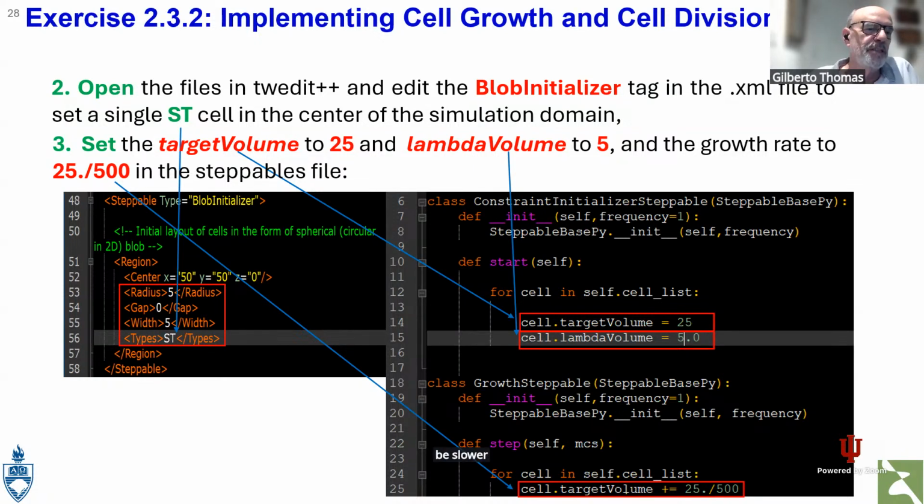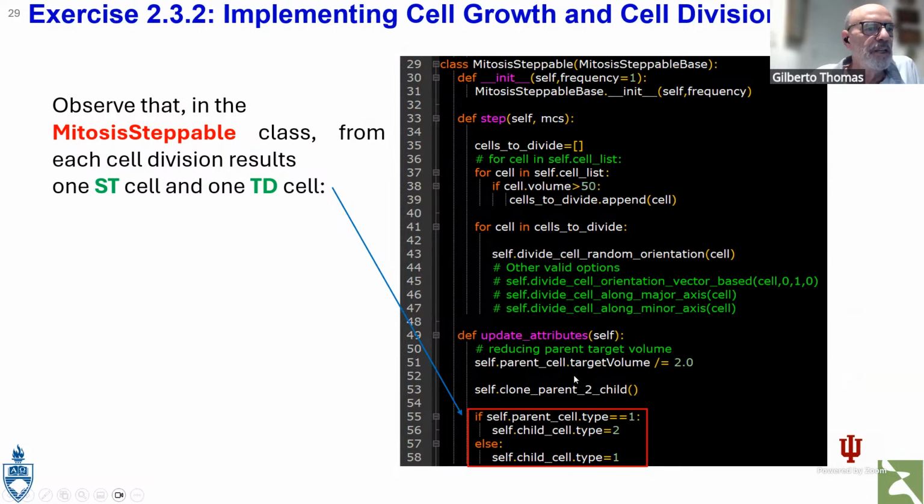Remember, before it was 25 by 100. Now we are 5 times slower. The defaults here, I think, are already ready to go.